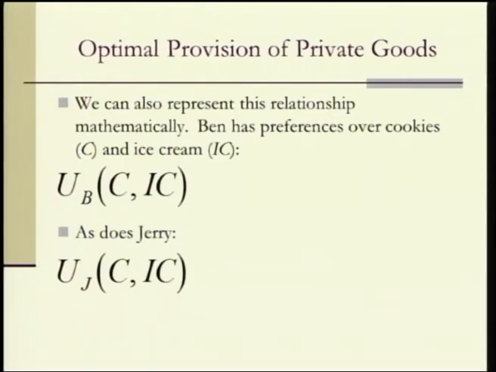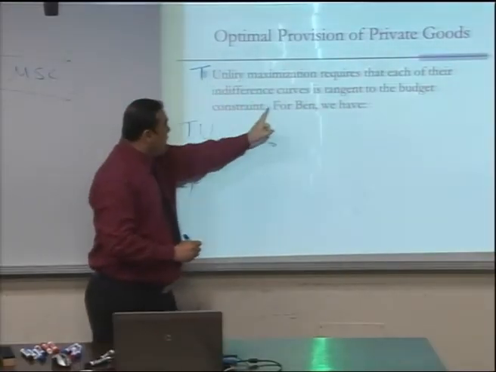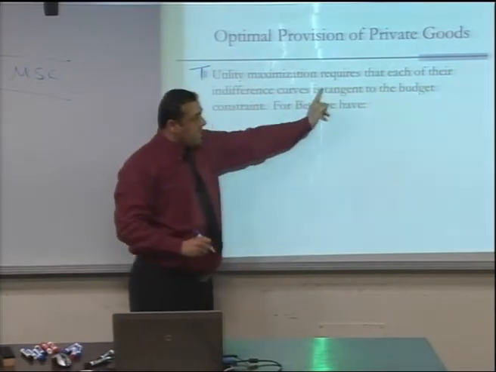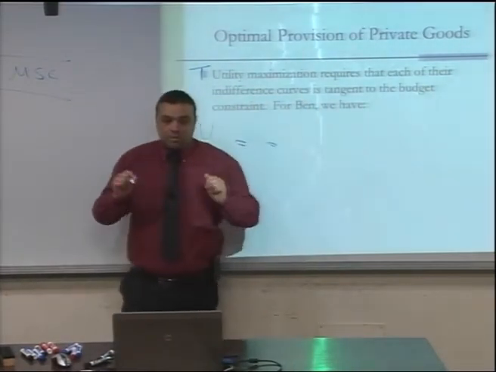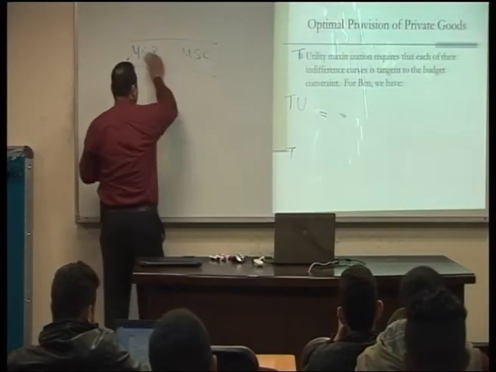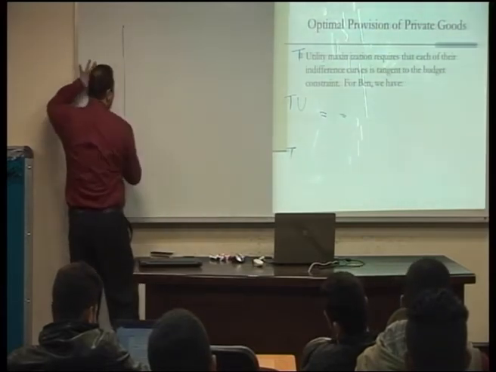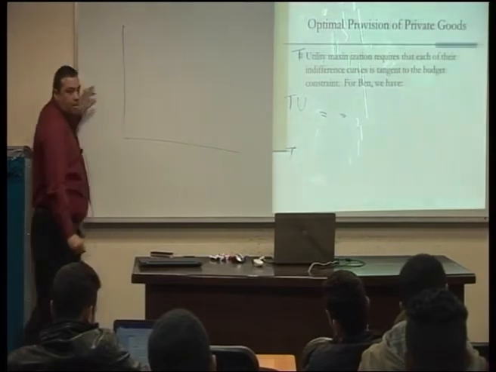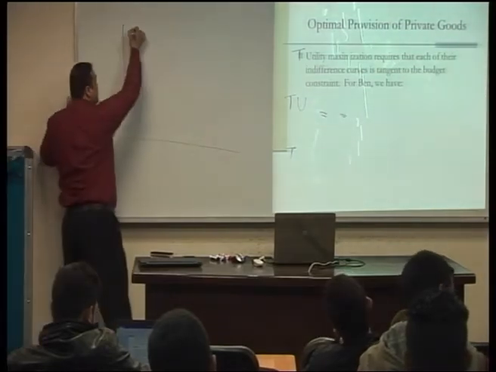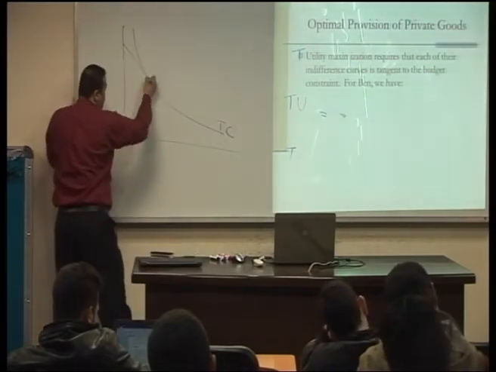To understand the idea here, total utility maximization requires that each of their indifference curves is tangent to the budget lines for both. If you remember, when we talked about the consumer equilibrium, we said that the best or the optimal combination for the consumer occurs when there is a tangency between the indifference curve and the budget line.